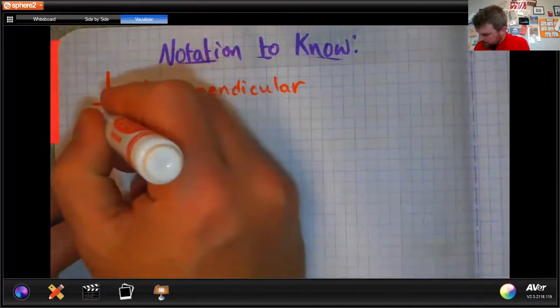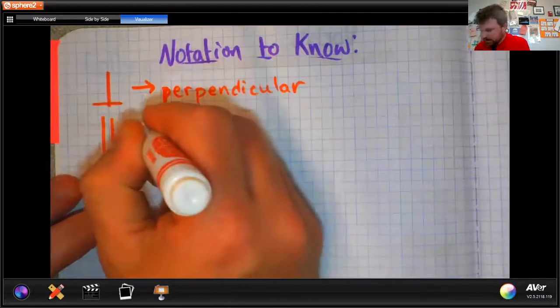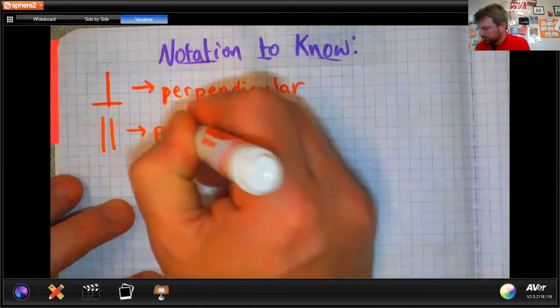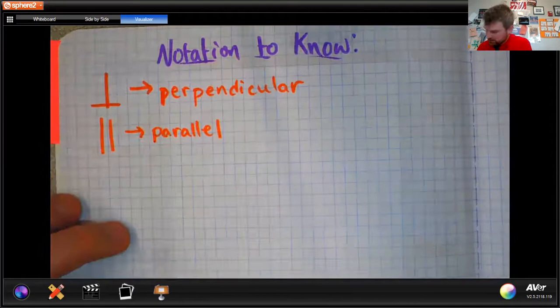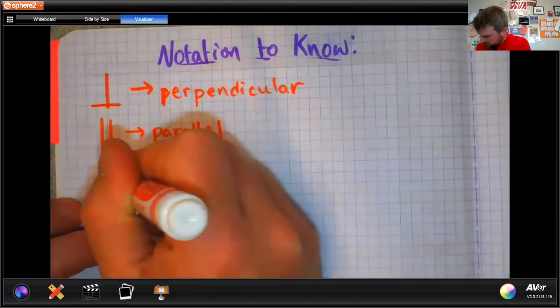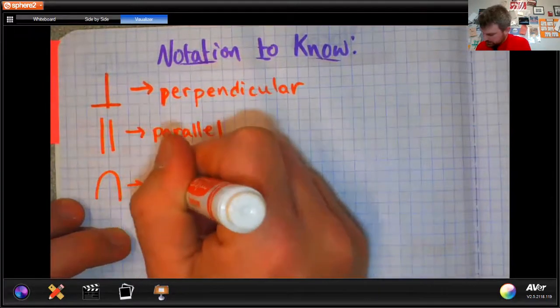The next one looks like that. That is parallel. It's just two vertical lines. The next one's kind of strange, sort of an upside down U, and it means intersect.